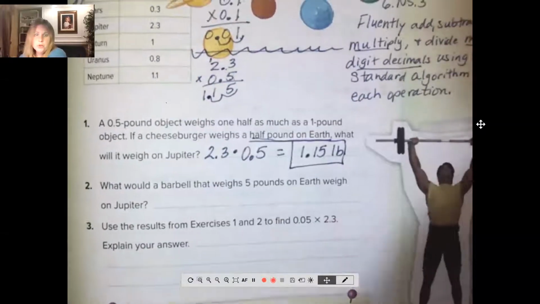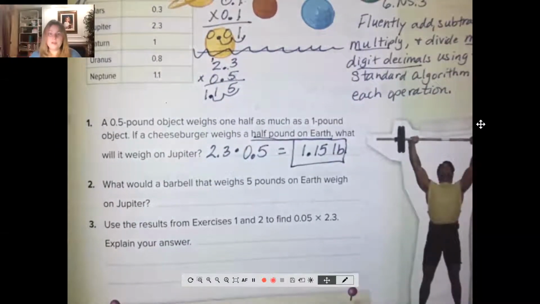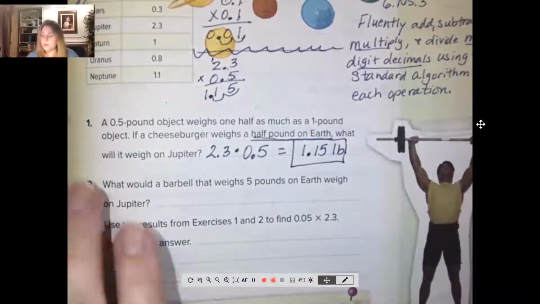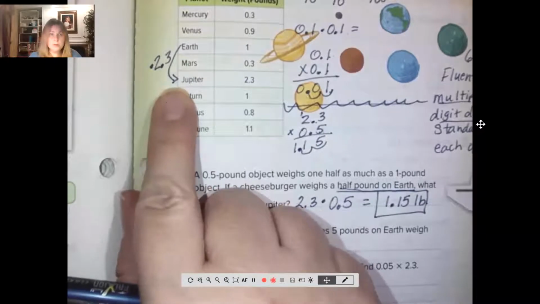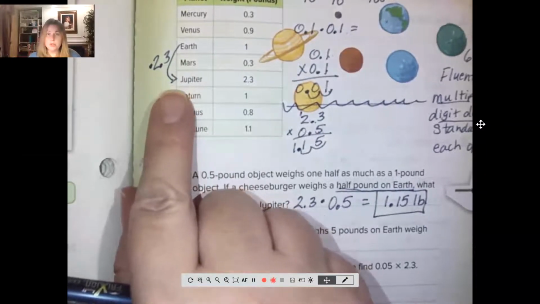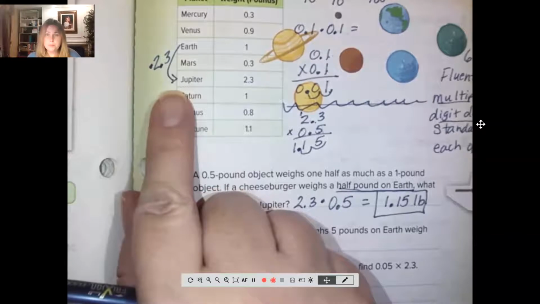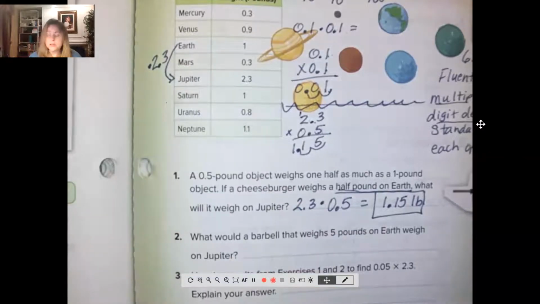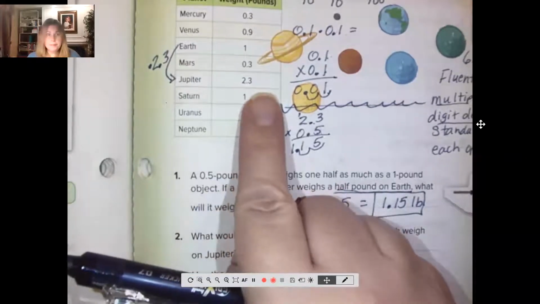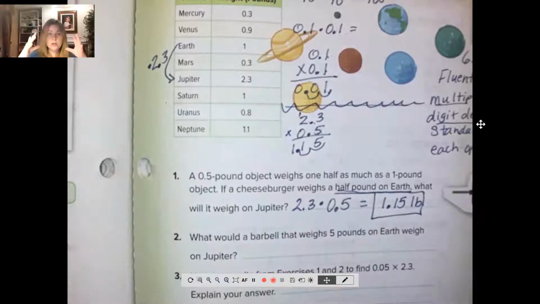Number 2, what would a barbell that weighs 5 pounds on Earth weigh on Jupiter? Okay, so again, we're going from Earth to Jupiter, so it's going to be times 2.3. It's going to weigh 2.3 times as much. And by the way, the science connection here is, Jupiter is a very large planet, and the more massive a planet is, the stronger its gravitational pull.